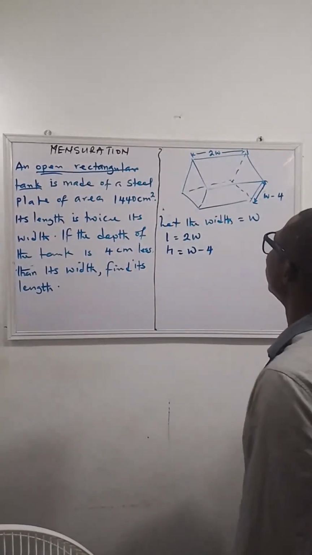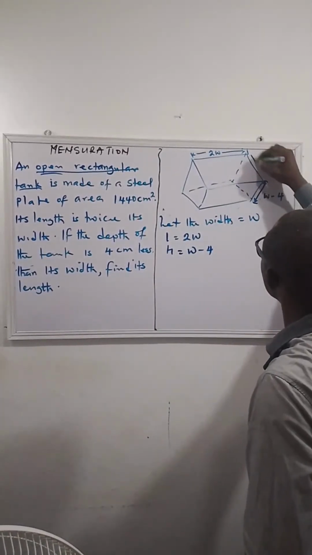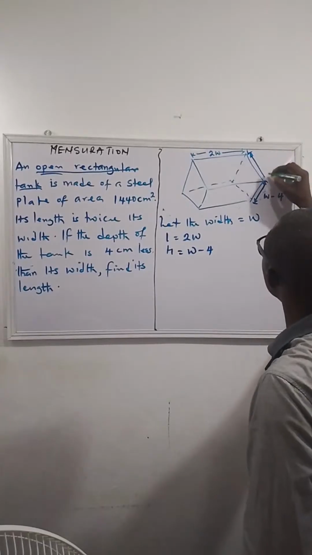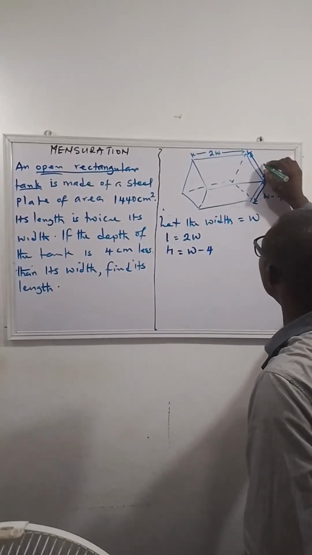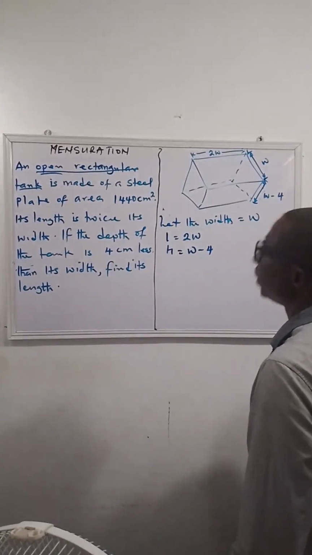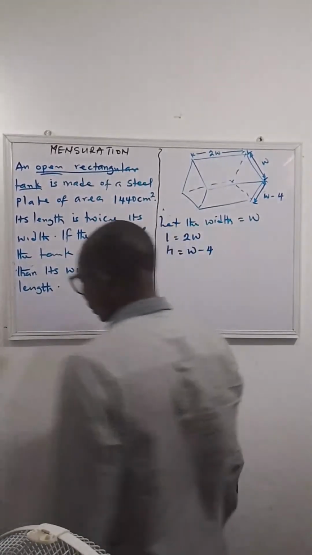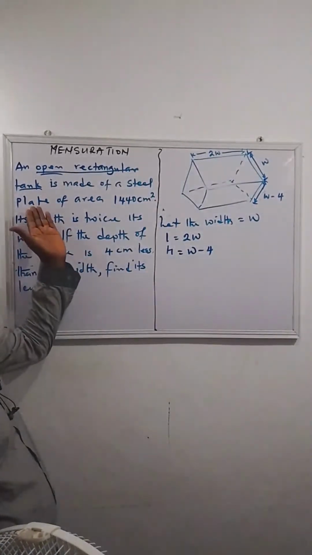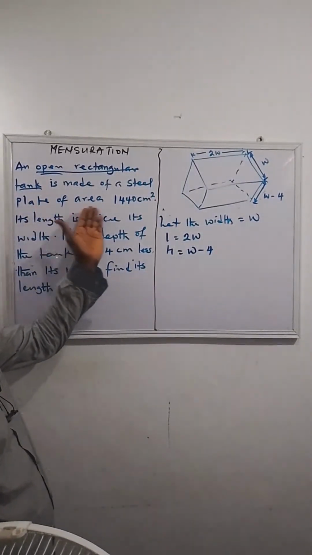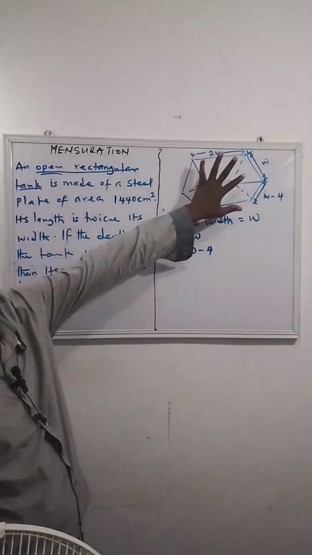And the breadth here, or the width, is W. When you look at the question, we are given the area of this.